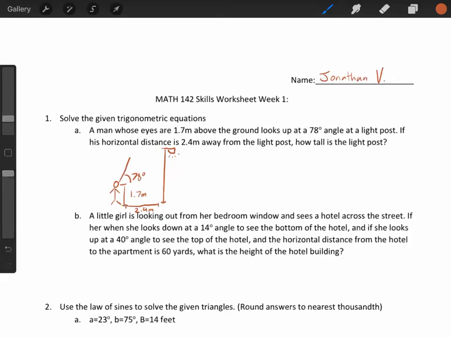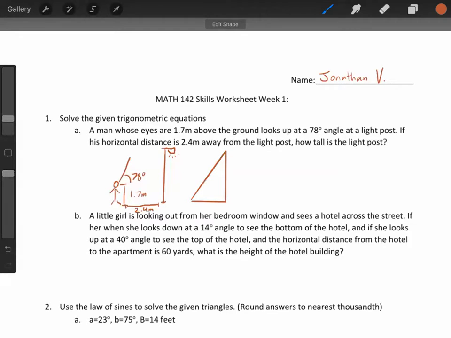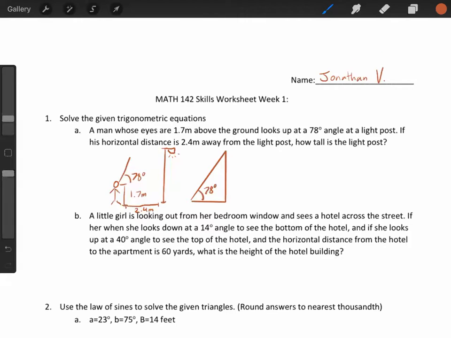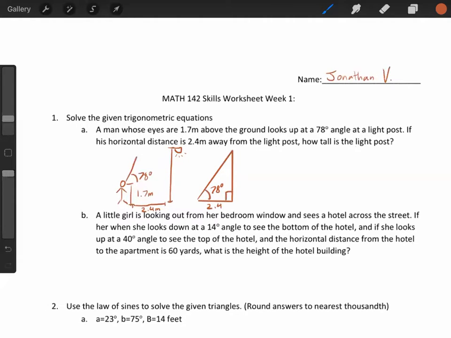Okay, so what we're given here already is a right triangle, which is starting 1.7 meters above the ground. Keep that in mind. So we have a triangle that looks kind of like this. 78 degrees, and this is 2.4 meters. And so we know that tangent is opposite over adjacent.